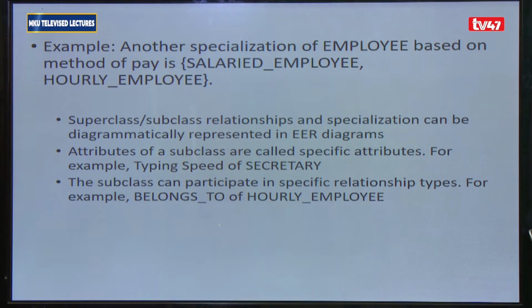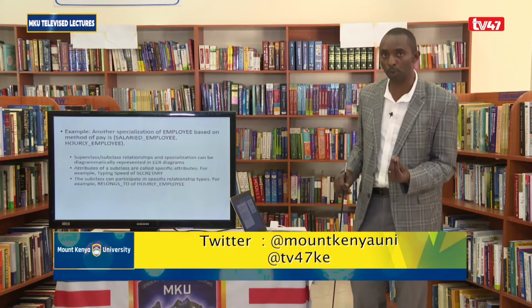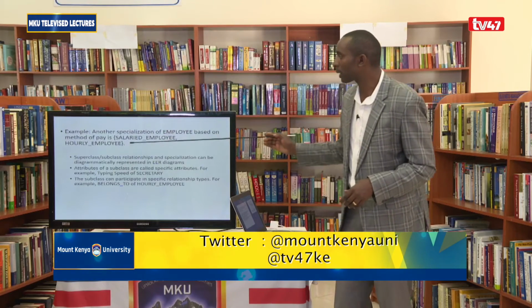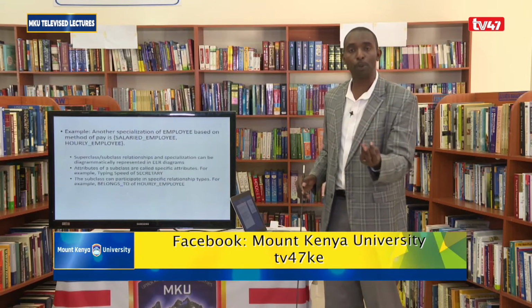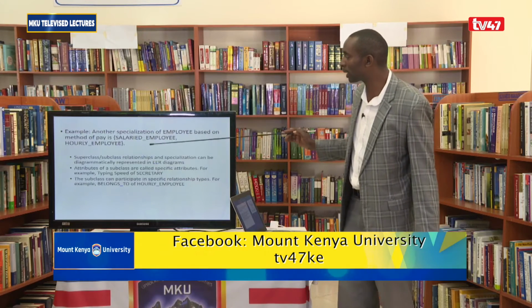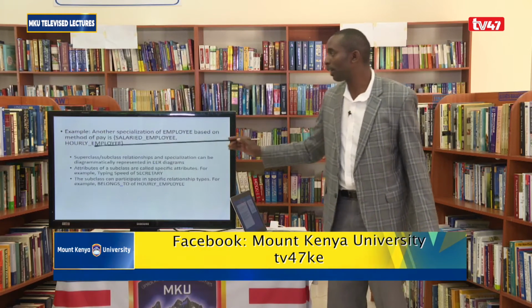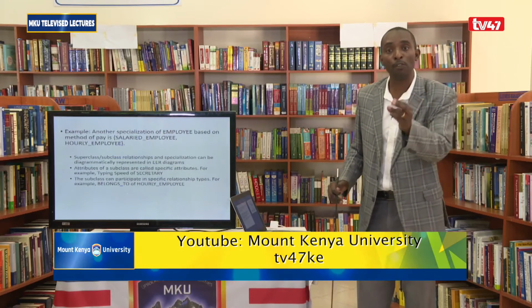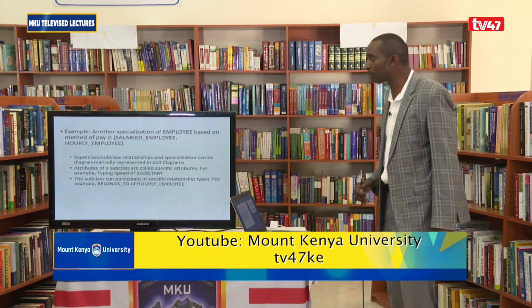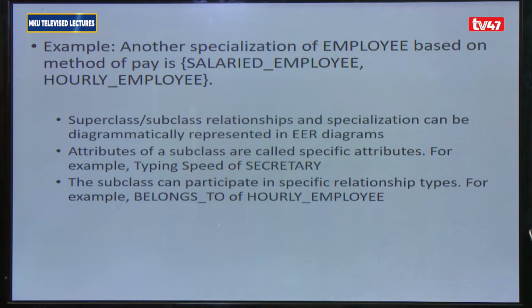So if we are to go into the specific attributes that differentiate or distinguish these two as subclasses, we can say the grade, the job group, is what differentiates the salaried employee from the hourly employee. The hourly employee will have one very unique attribute that is not present in the salaried employee: the hourly rate and the number of hours worked, because those are things that will be used in calculating their pay.